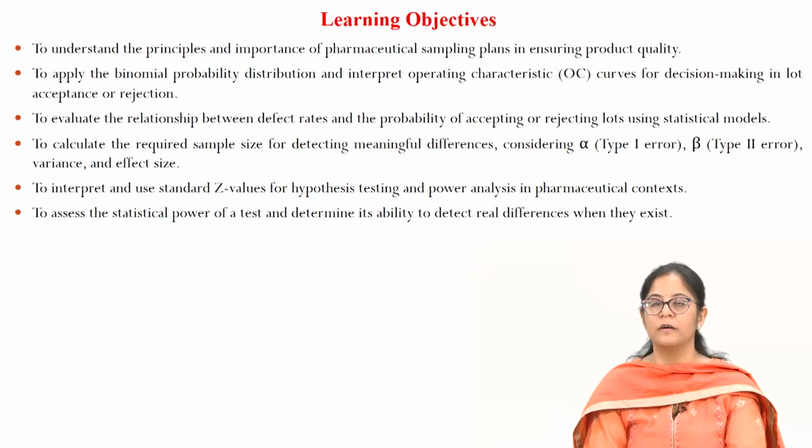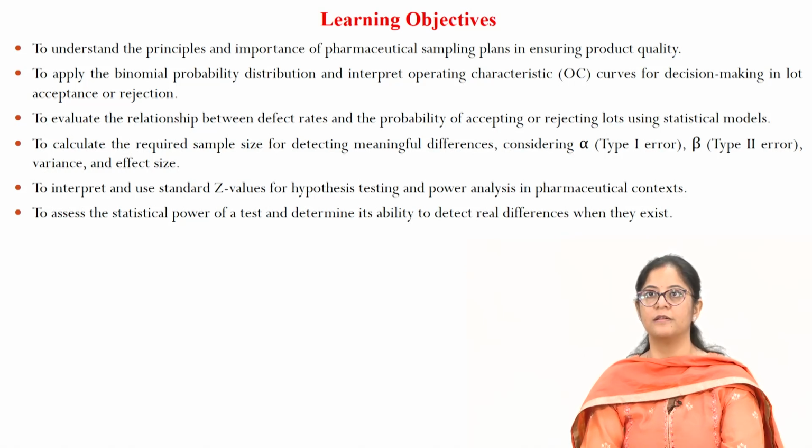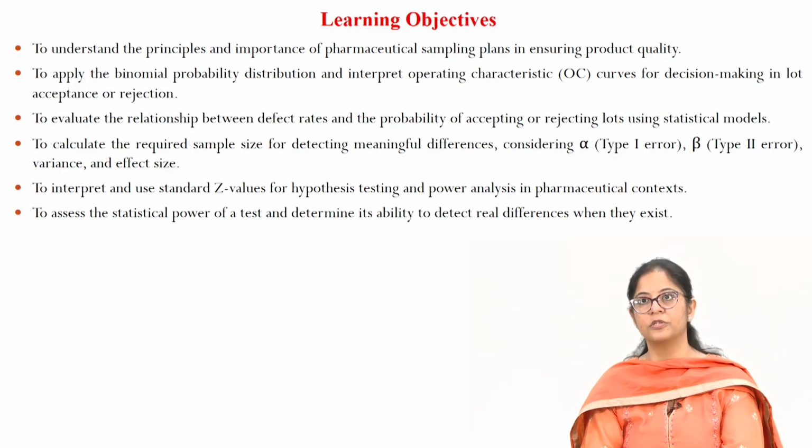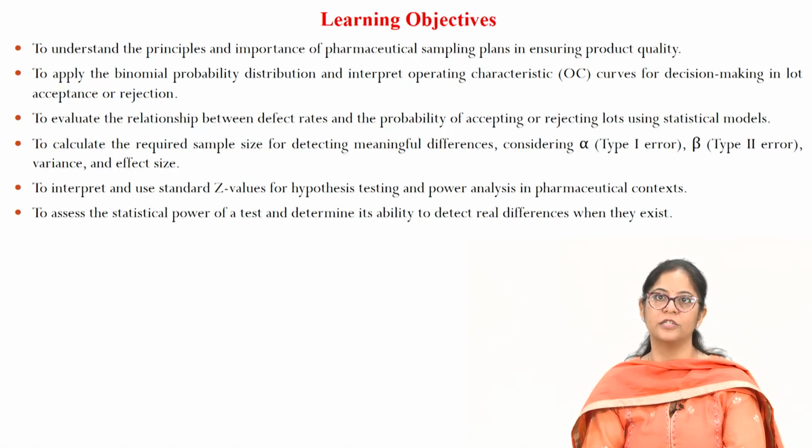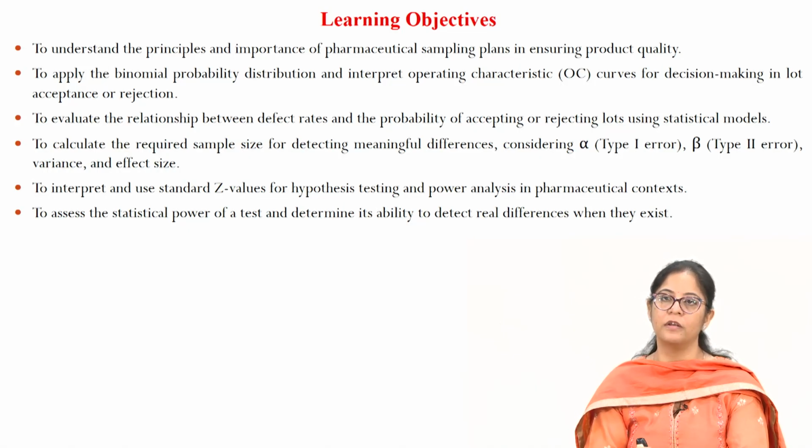In this lecture we will be looking into the principles and importance of pharmaceutical sampling, the binomial probability distribution and interpreting the operating characteristics for decision making in lot acceptance and rejection, evaluating the relationship between defect rates and probability of accepting or rejecting lots under statistical models, how calculation of the required sample size and detecting meaningful differences can be done.